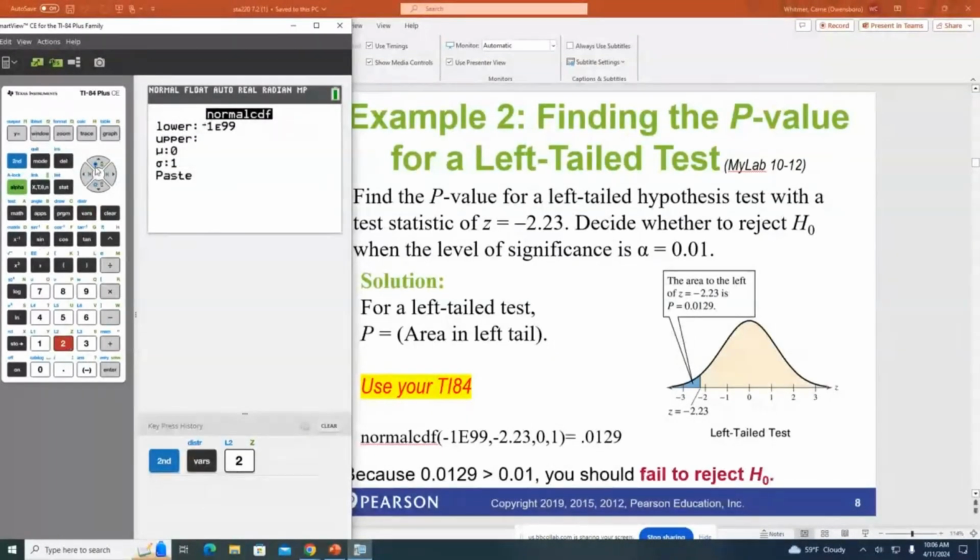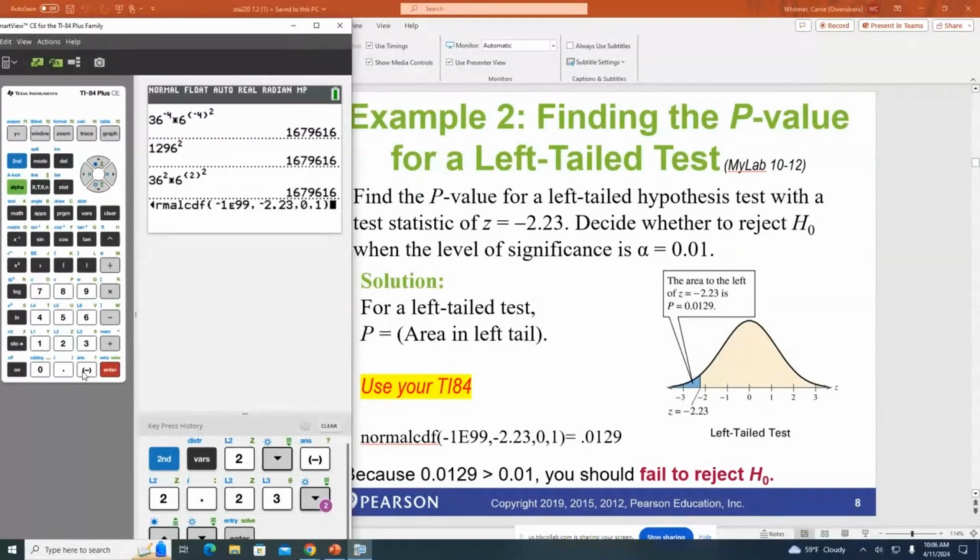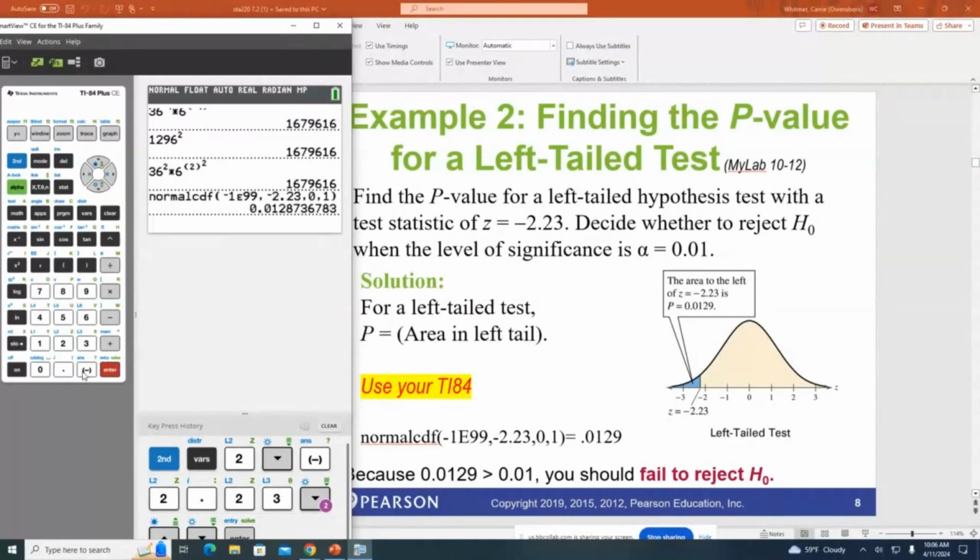Our lower bound is negative infinity, so you can write negative 10,000, or if it defaults to negative 1E99, that's fine. Your upper bound is negative 2.23 from the z-score, and then mean is 0, standard deviation is 1. And so that's where we get the 0.0129.